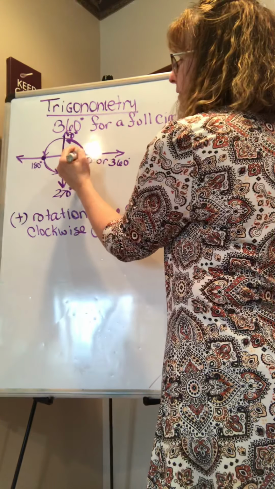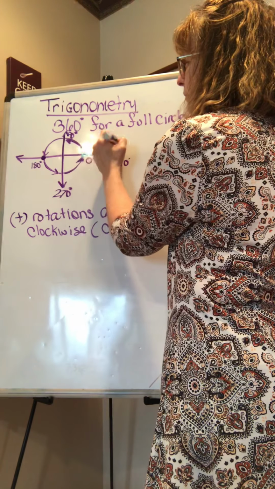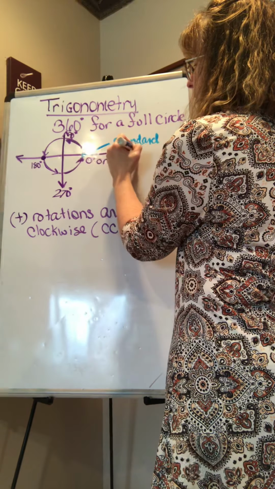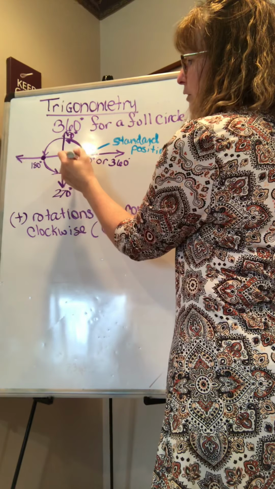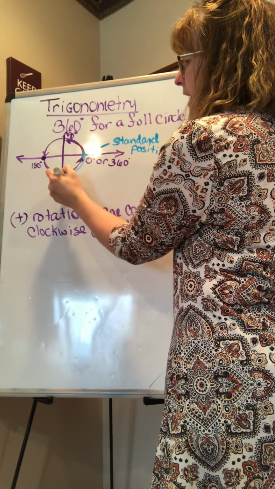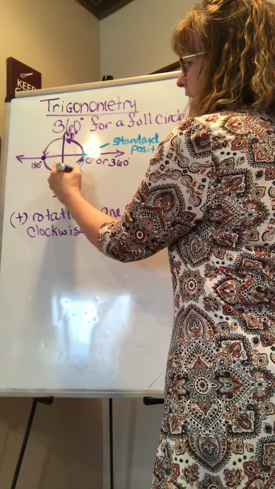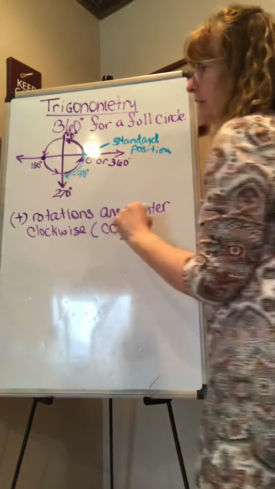So say I start at 0. Now starting at 0 is what we call standard position. And if I start at standard position and I rotate negative 90 degrees, I land at 270.